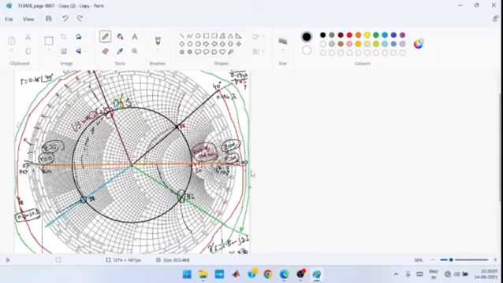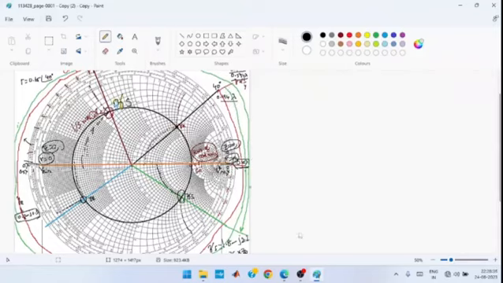So now we need to find out the locations of V max and V min. That is very easy, right? So now the load point is here. Where is the load point? 0.194 lambda. What is the value here? The first time, the value here is 0.25 lambda, and here the value is 0.194 lambda. What could be the difference between these two?